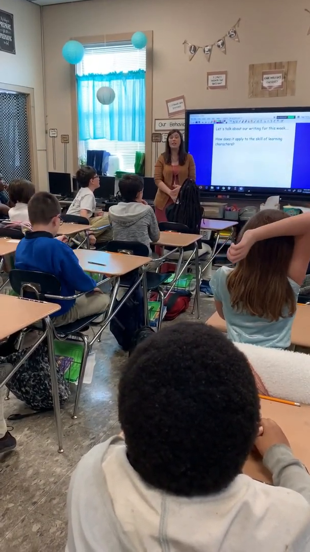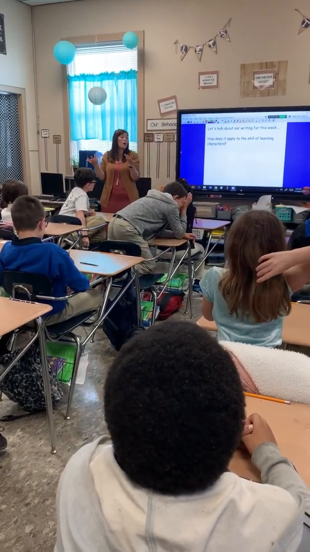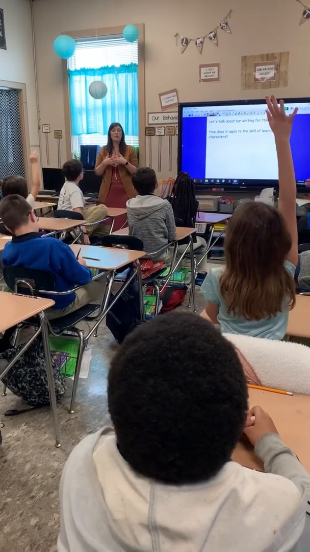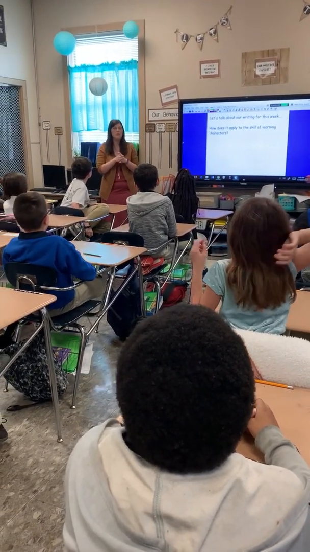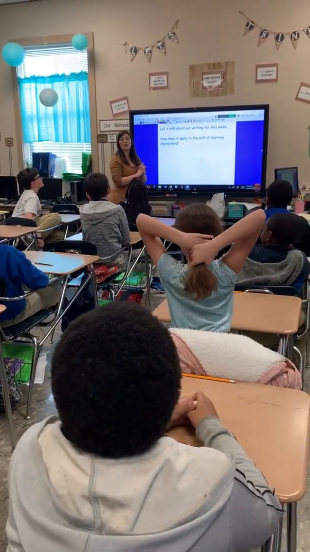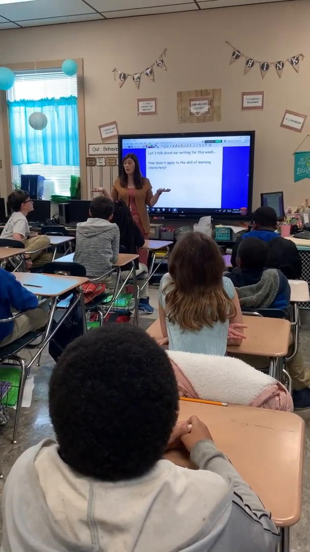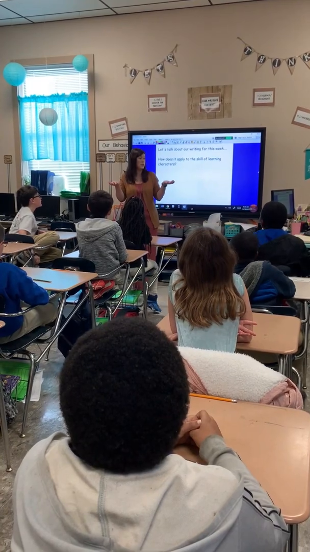Not to judge someone before you even knew them. Who was our main character? Class? James. And who did he judge? Uncle Romy. And he judged him before he really even met him, right?